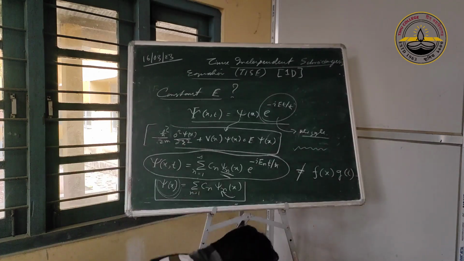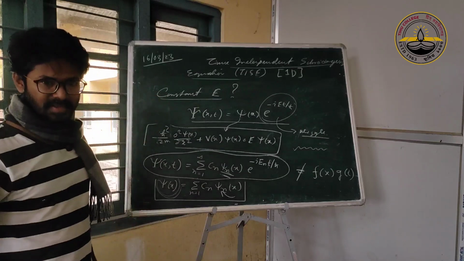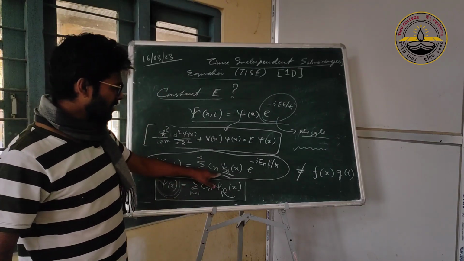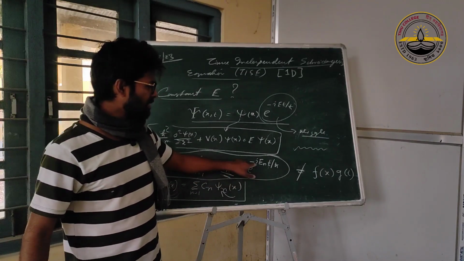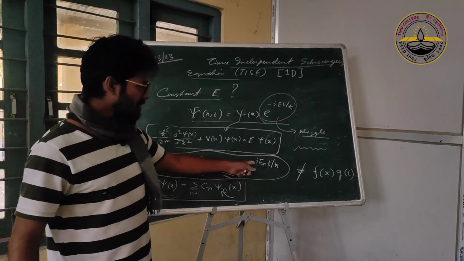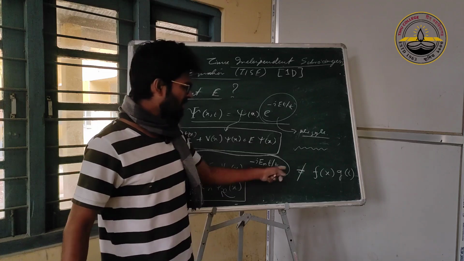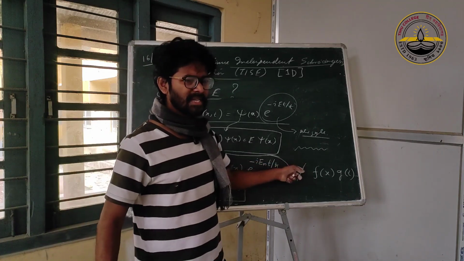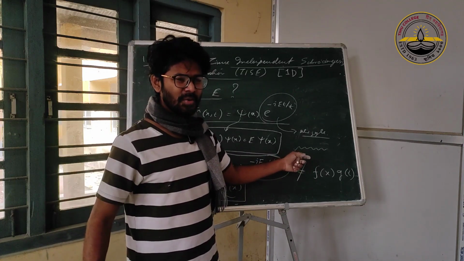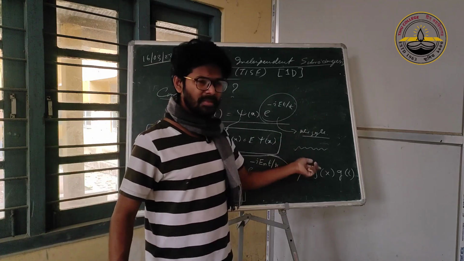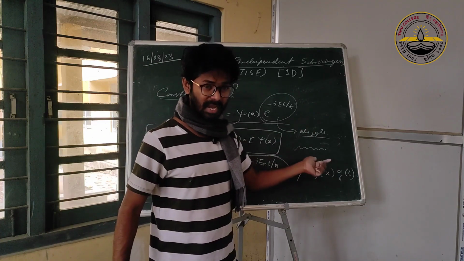It will be some function of x into e to the power minus e1 t by h cross, and then plus psi 2 of x into e to the power minus e2 t by h cross.